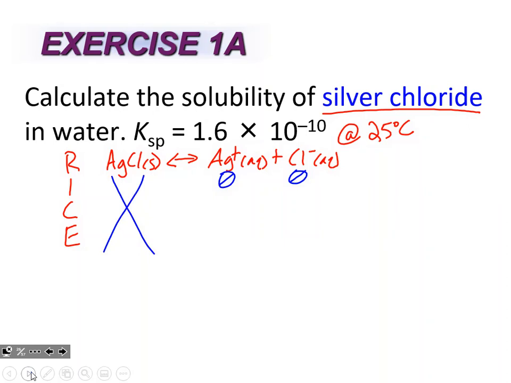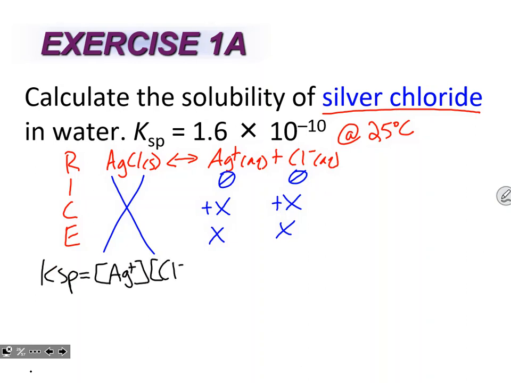Now for every time the solid, the silver chloride, breaks apart, you're going to get X of the silver, and X of the chloride dissolving. So this ends up being X and X, which can now be plugged into the KSP expression.